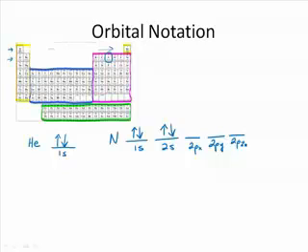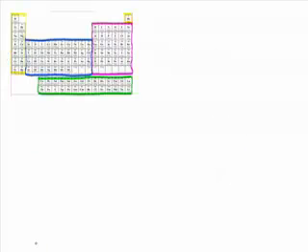We're going to draw those. Then we're going to put the electrons in them. So here I have 3. Nitrogen represents 3 in the 2p sublevel.